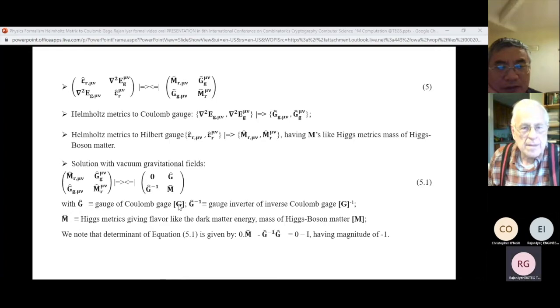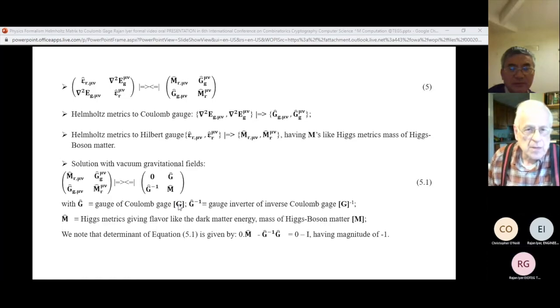Yeah, this is the second page actually. The first page I showed, again I repeat, is a physics formalism. That's the title, matrix to Coulomb gauge. So I'm gauging from the Helmholtz matrix, which is the fundamental formalism, to a Coulomb gauge.